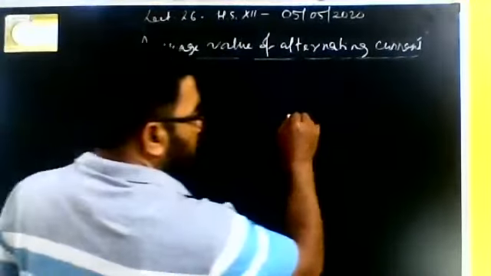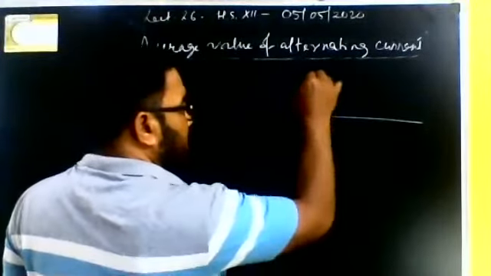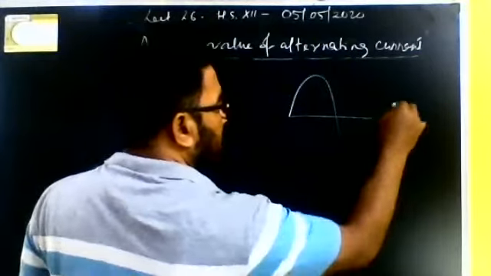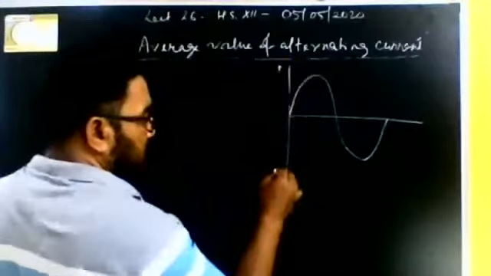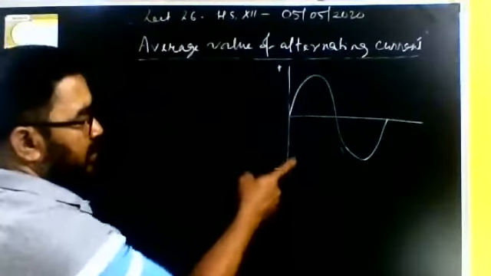Because, as you know, the alternating current by nature has both a positive half and a negative half.